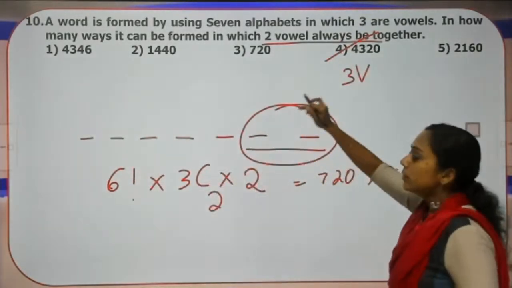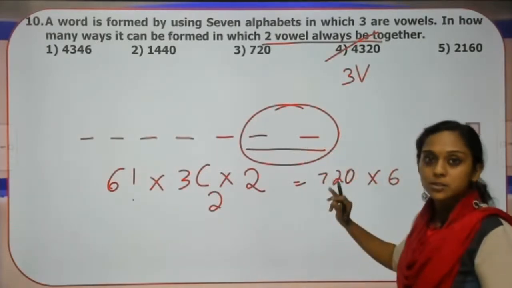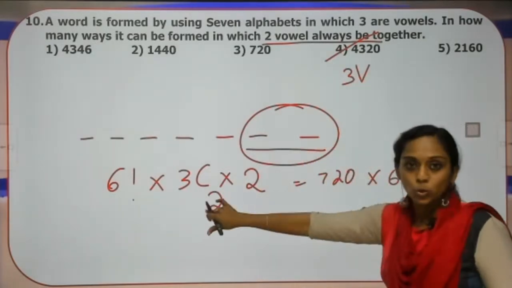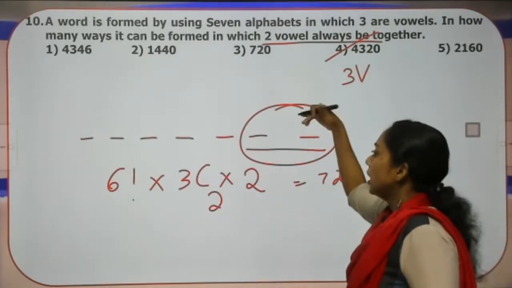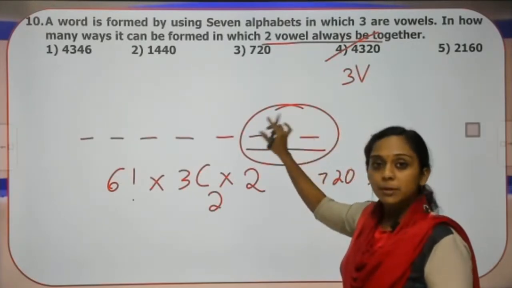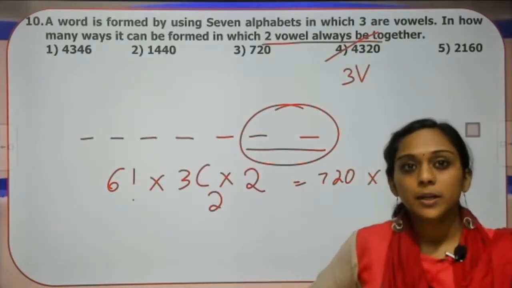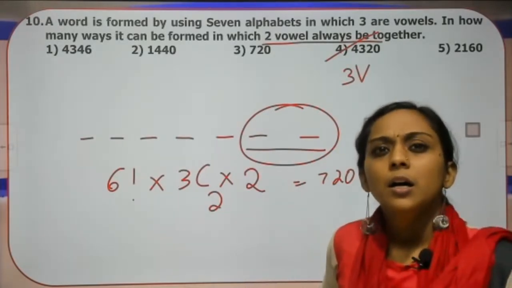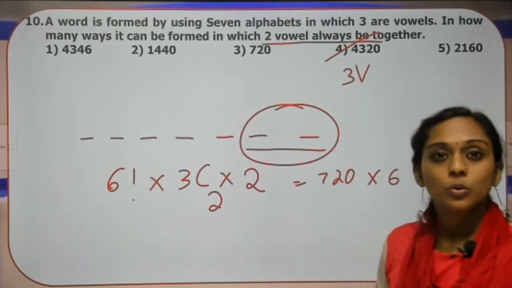Next, out of 3 vowels I want only 2 vowels, so 3C2 combinations are possible, into. Now you have selected 2 vowels here, and these 2 vowels can be arranged in 2 different ways, so that is into 2. Okay, yes Gauri, answer is not option 5, that is option 4.